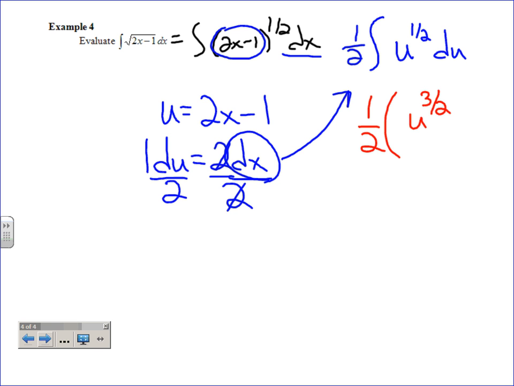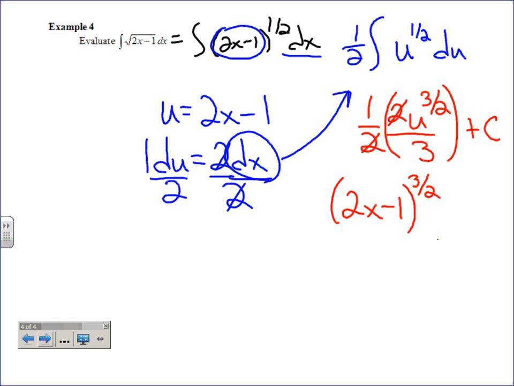Very good. And then you have to divide by 3/2. So yeah, we've turned it into 2/3. If I were you, I would probably just do that. Cross off the 2's because they do cancel in this case. And then all you have to do is clean it back up a little bit, which is put u back in. So 2x minus 1 to the 3/2 power, all divided by 3 plus a constant.